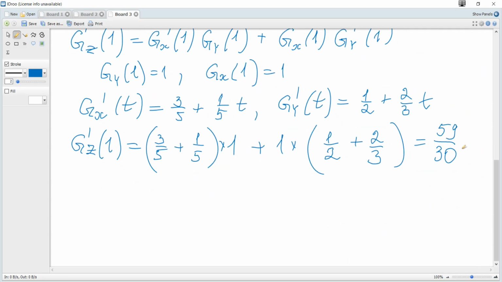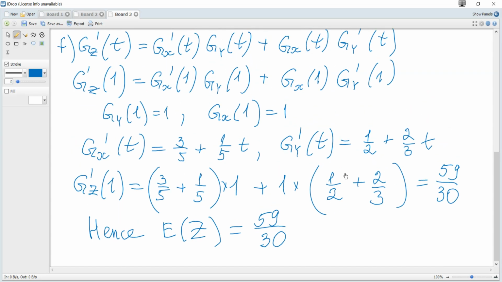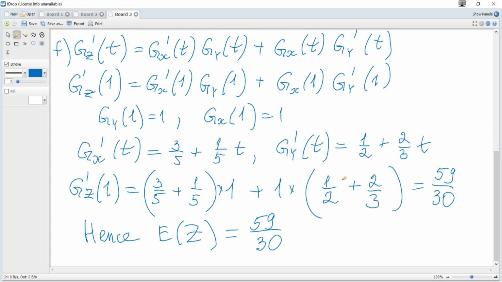So it is equal to the expected value of z. Or let's write like this. Hence, the expected value of z is equal to 59 over 30. And that's all for this question.